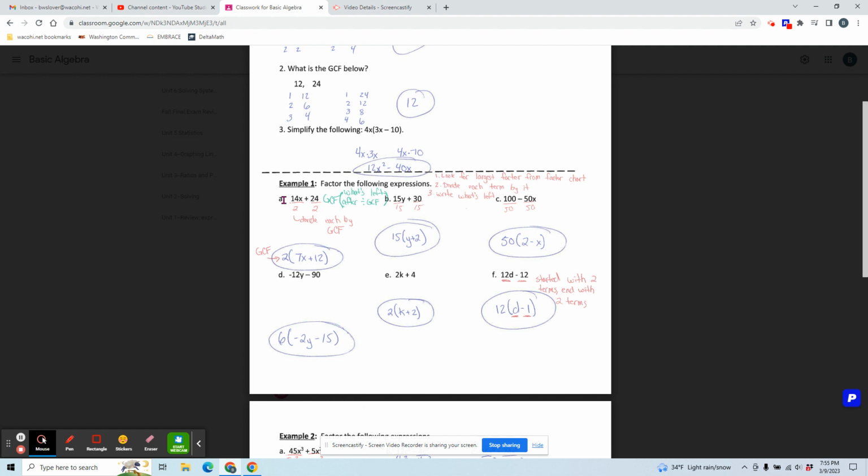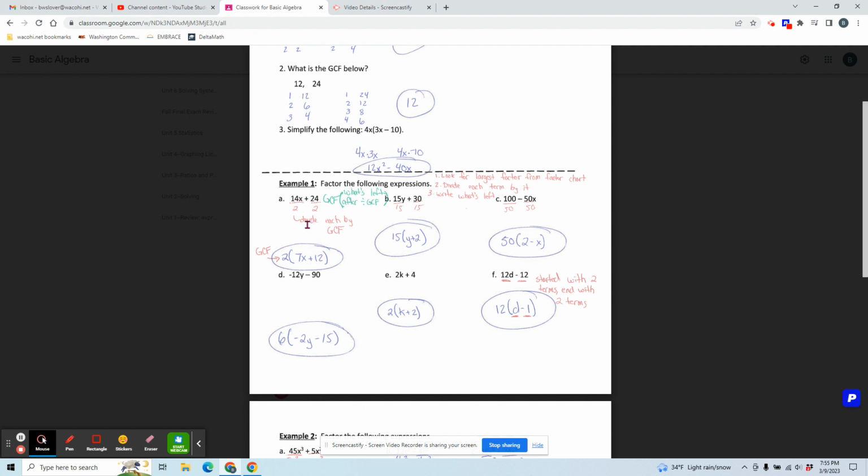14x plus 24. Your greatest common factor is 2. So I have a 2 on the outside of my parentheses. I am going to divide each term by my greatest common factor. So I'm going to divide by 2. 14x divided by 2 is 7x. 24 divided by 2 is 12.